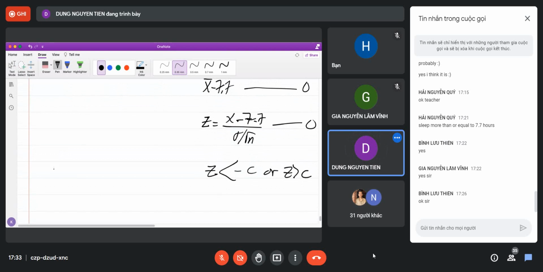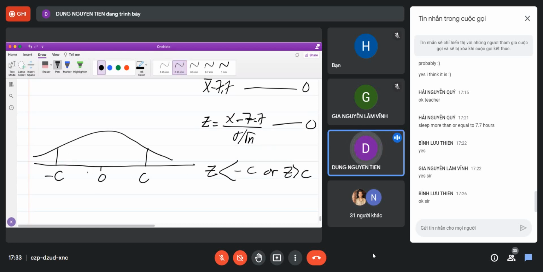That's all. Have a look at the graph here. You see that this is minus C, and C, this is 0. So Z is far from 0 if Z is over here or over there, right? And you get the rejection region. Make sense? The probability of these two tails is alpha, so this tail is alpha over 2.